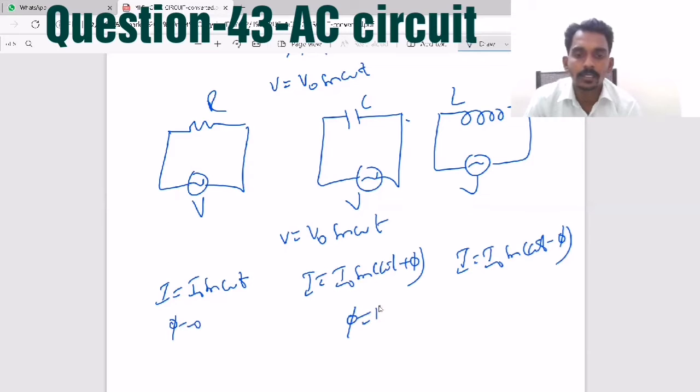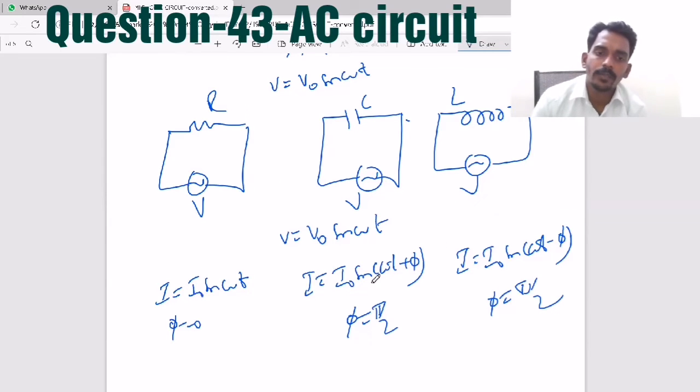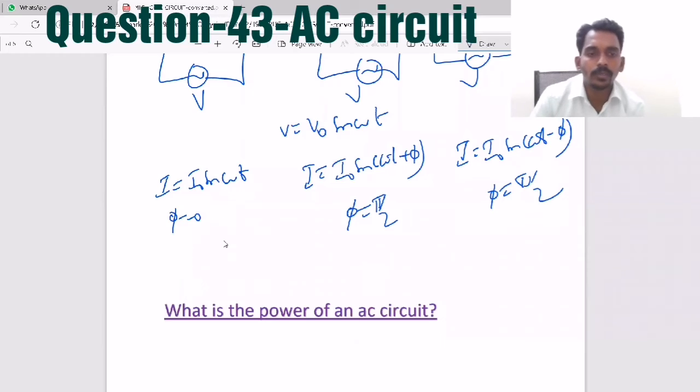Here the phase difference is pi by 2. Here also the phase difference is pi by 2. In the case of a capacitor, current leads voltage by pi by 2. In the case of an inductor, voltage leads current by pi by 2. So in every case, there is one amplitude and one phase difference.